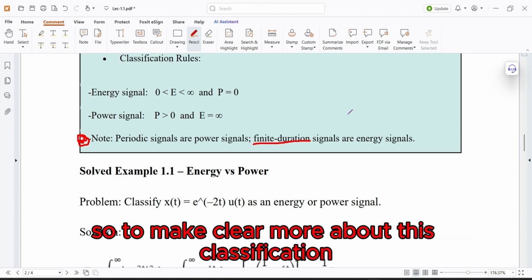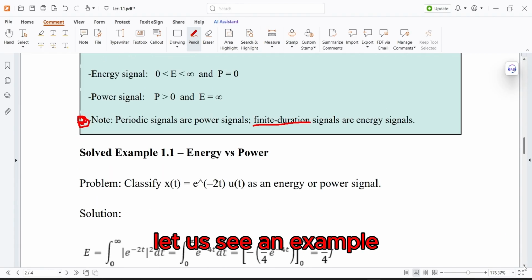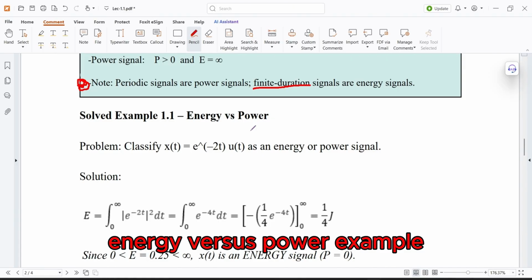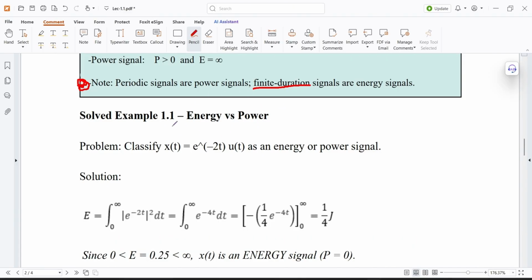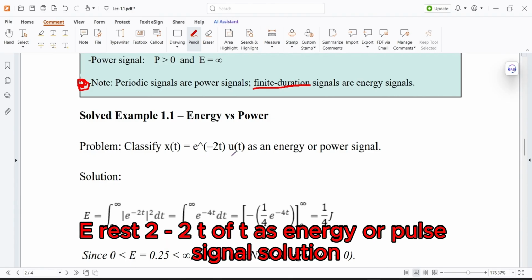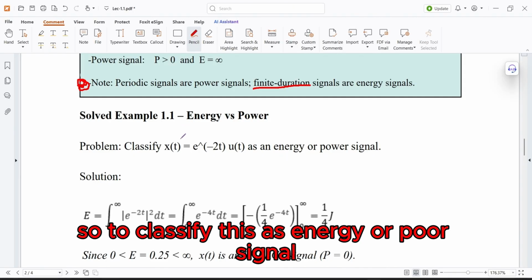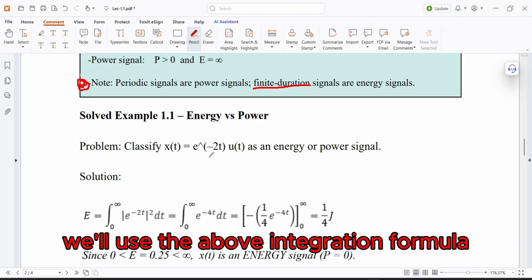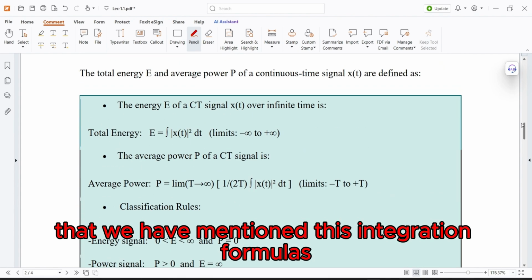To make this classification clearer, let us see an example. Energy versus power example. Classify x of t equals e raised to minus 2t u of t as an energy or power signal. Solution. To classify this as an energy or power signal, we'll use the integration formulas that we have mentioned.